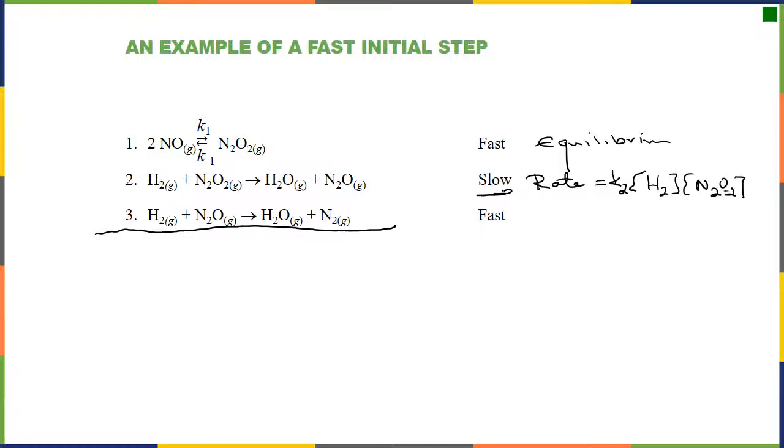We're just going to take our rate constant, in this case k2, because it's step 2, multiplied by the concentration of the reactants. The last step we're going to say is fast. So our first step here is at equilibrium, but we've got some problems here. One of our problems is that we have two intermediates in this reaction. One intermediate is N2O2, and the second intermediate is N2O. How do we know? We know the intermediates because they are produced and immediately used up.